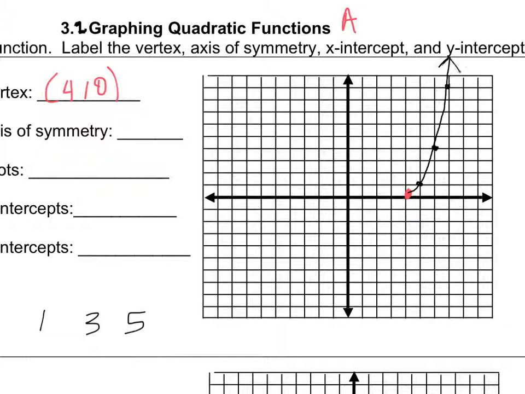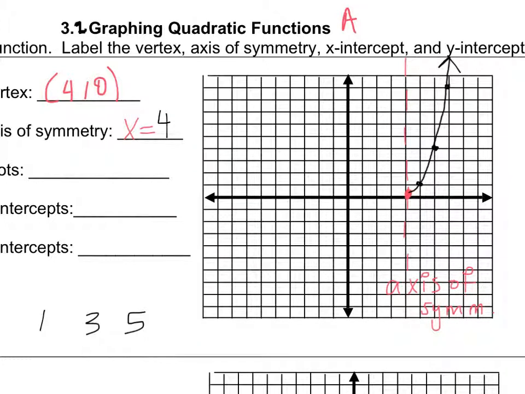Now remember, every time you have a parabola, you have something called the axis of symmetry that goes in the middle and cuts the parabola in half. The right side and the left side always overlap if you try to reflect it across the axis of symmetry. It's going to be the vertical line going through the vertex. So it will have an equation of x equals the x of the vertex, which in this case is 4.